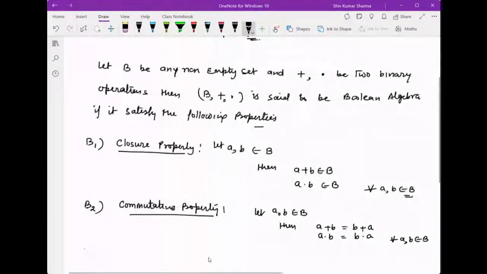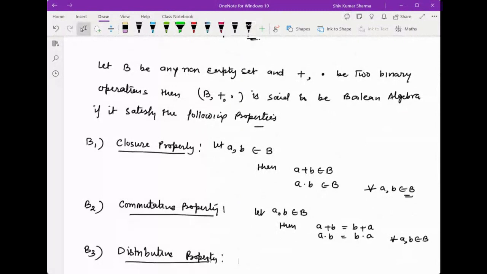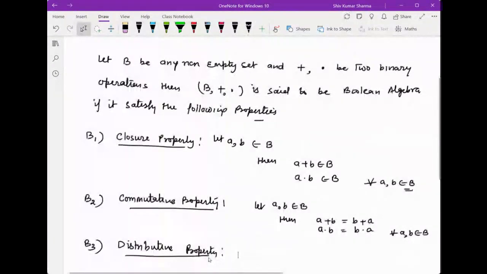Now we move to the third property, B3, the distributive property. For the distributive property, we take three elements.